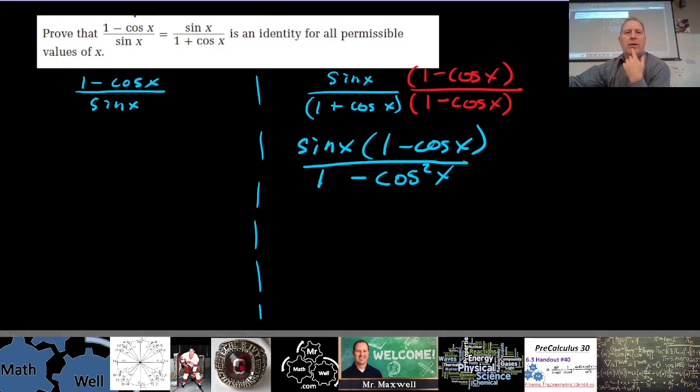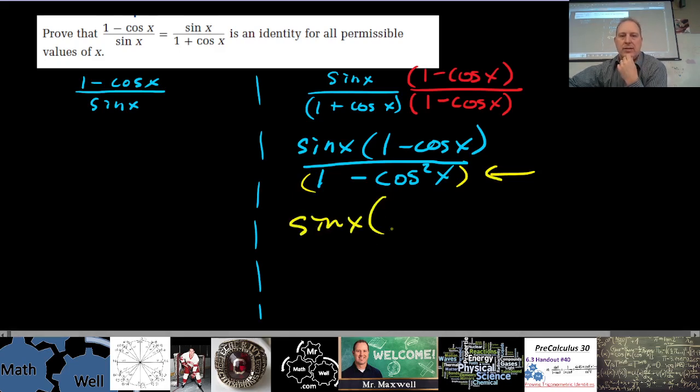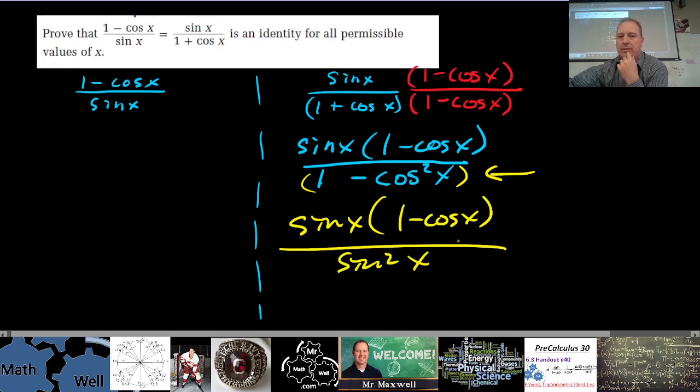So now what do we have? This right here is an identity. So I'm going to write sine x times (1 minus cos x) all over sine squared x. And now we're very, very close to being done.